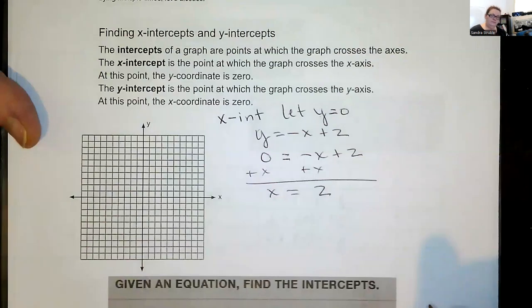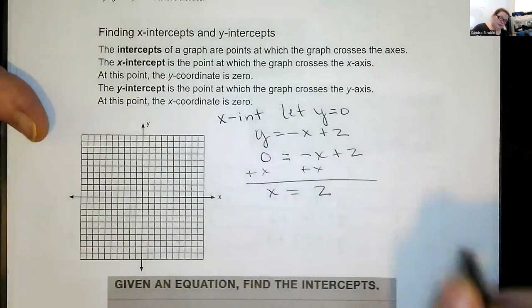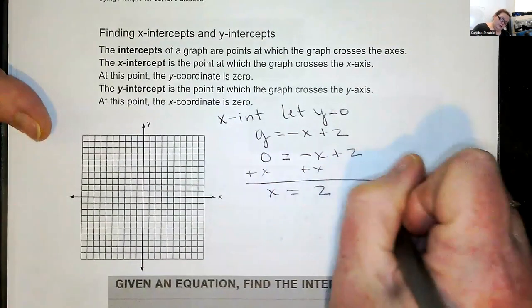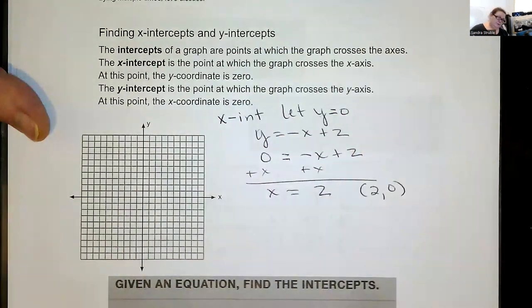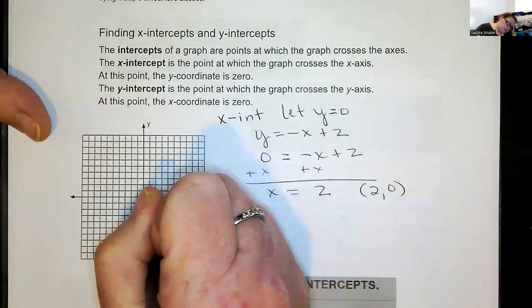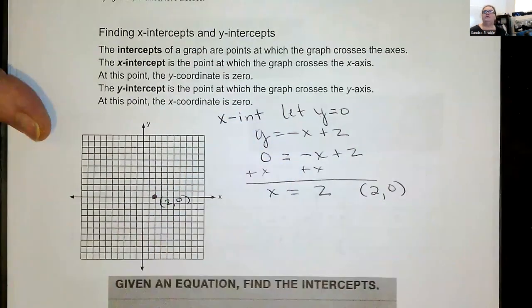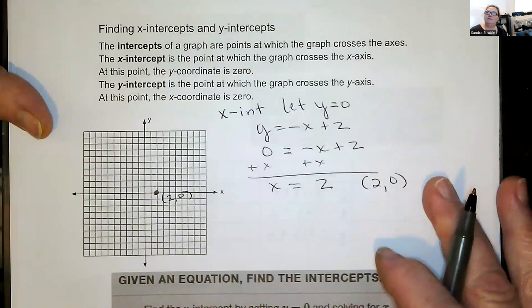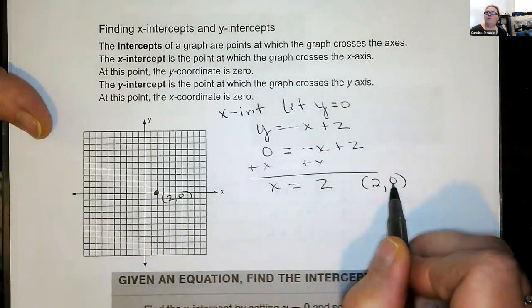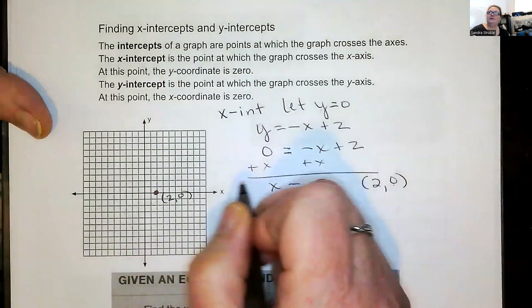All right. So there's my x-intercept, which is also 2, 0. Right there. 2, 0. Then the other one is my y-intercept, because this one has y as 0. The next one, x is going to be 0.